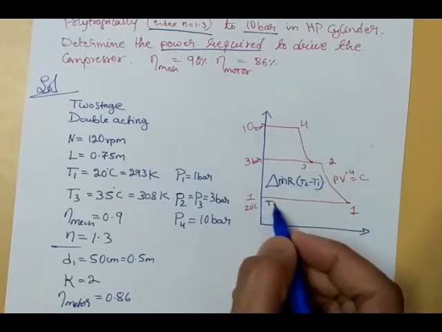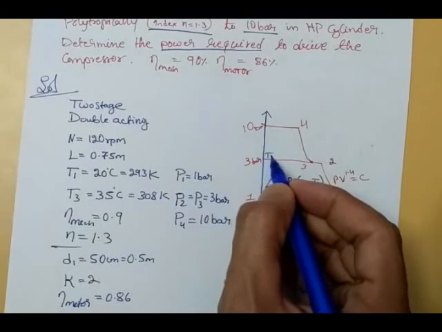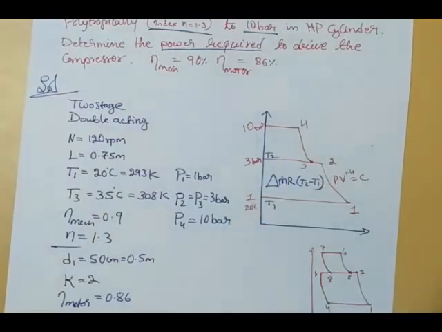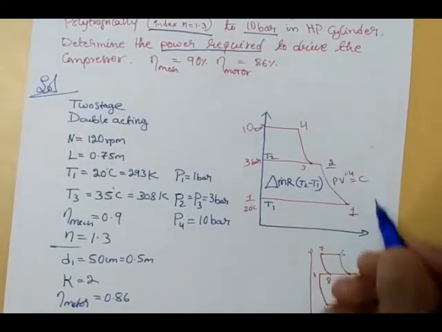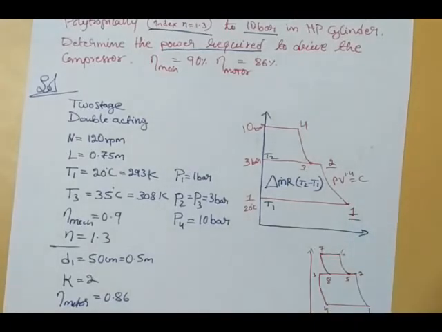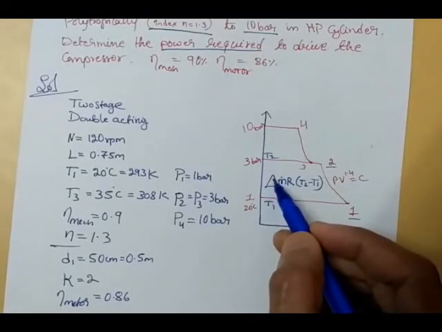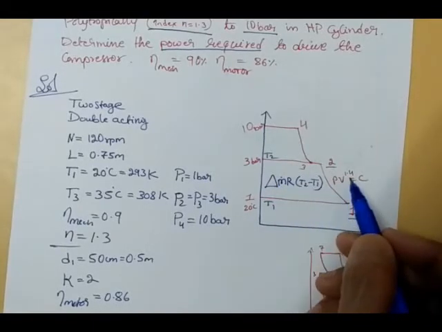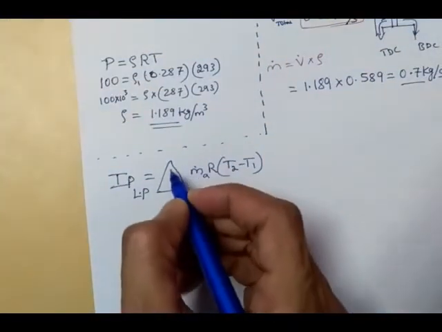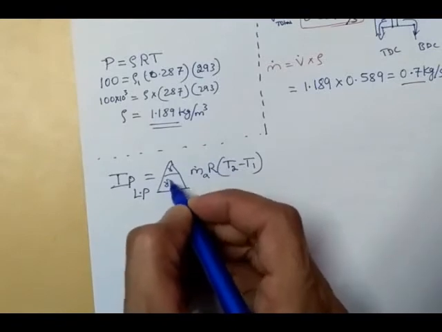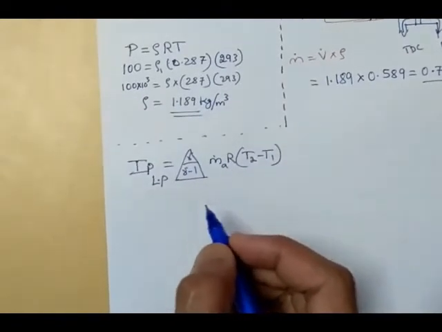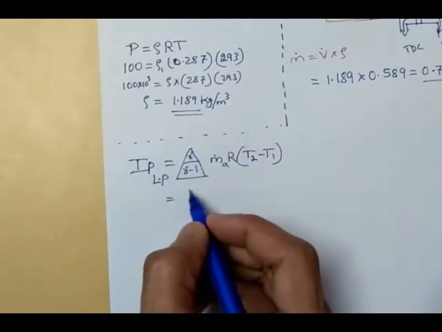So this is T1, here you will get T2, for these 2 points. Similarly in this place, but n by n minus 1 is replaced by gamma by gamma minus 1.